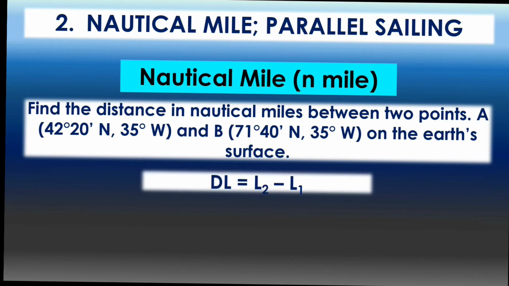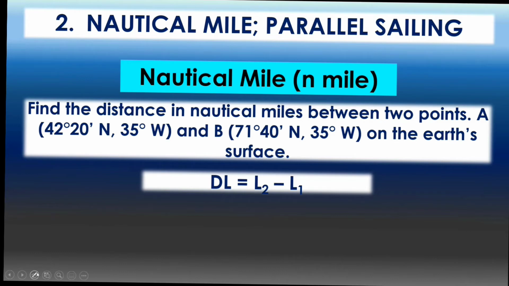So how are we going to solve for it? What we can solve from this, considering the distance, is the difference in latitude. If you remember the discussion in the topic terrestrial sphere, we have there the concepts about difference in latitude and difference in longitude. So why is it that the difference in latitude is the one that we are going to consider here?